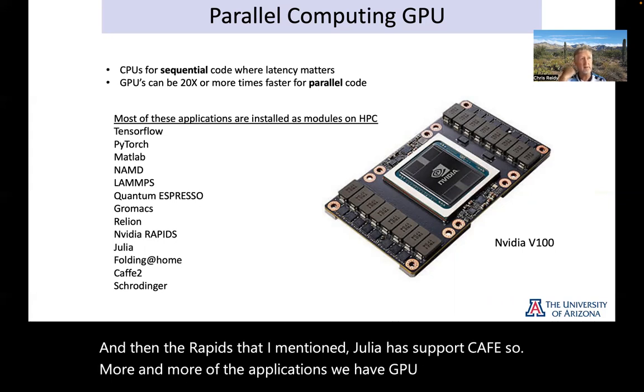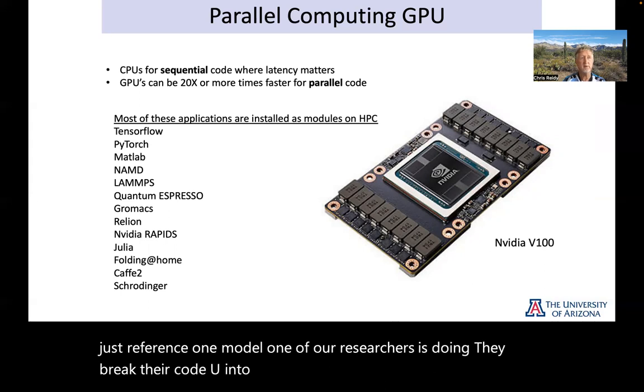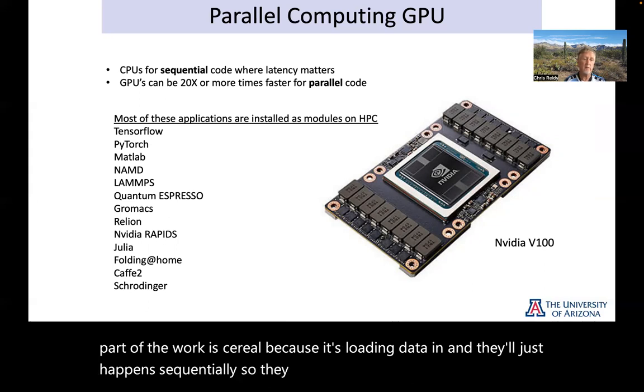I'll just reference one model that one of our researchers is doing. They break their code up into two parts and run separate jobs. The first part of the work is serial because it's loading data in, and that all happens sequentially. So they run that part on CPU nodes because we have many more of those.